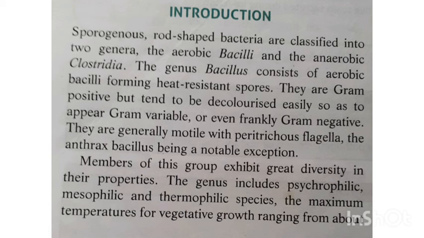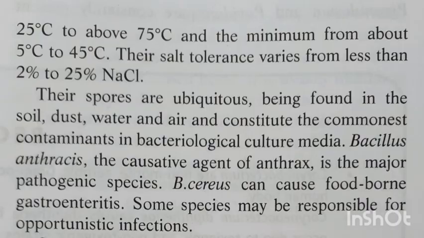Psychrophilic means the organism that can grow in cold conditions, and mesophilic means in medium temperature, and thermophilic species means the organism that grows in high temperature. So these three types of species are included in this genus, with a maximum temperature of 75 degrees Celsius and a minimum of 5 degrees Celsius.